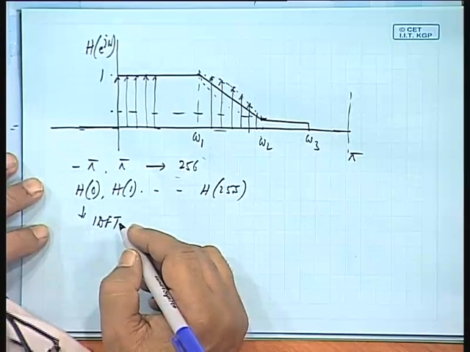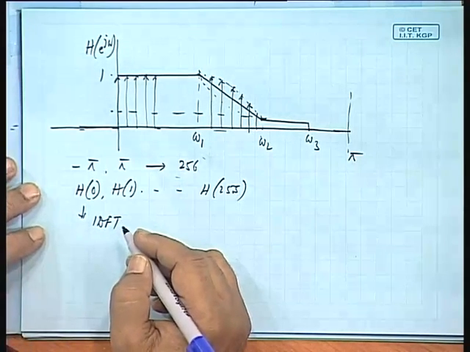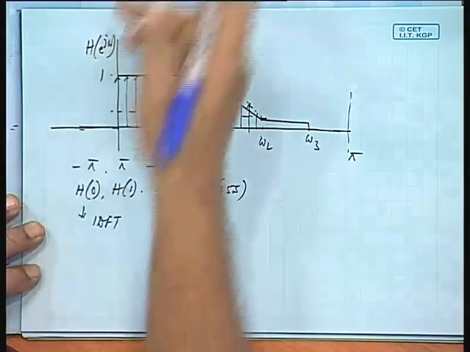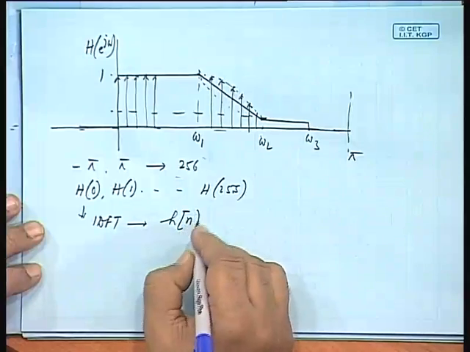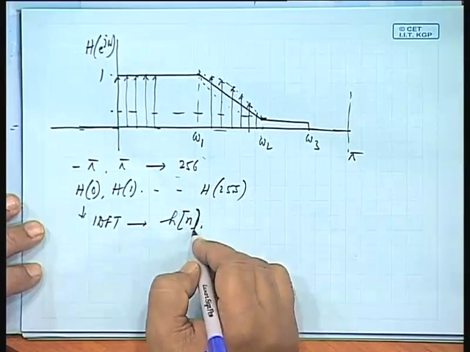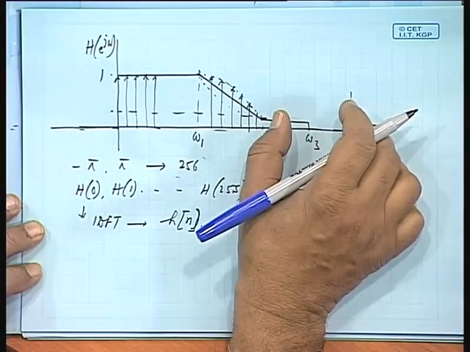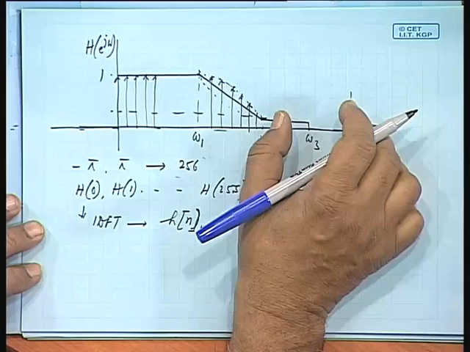The DFT and IDFT algorithm is the same, except that W will be replaced by W star. So, you apply the FFT algorithm, you get Hn, and that Hn has to be then shifted by the number of steps that you want.